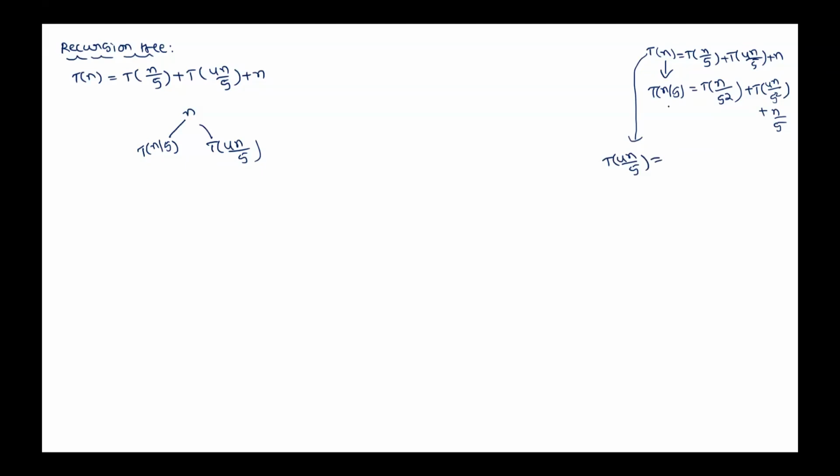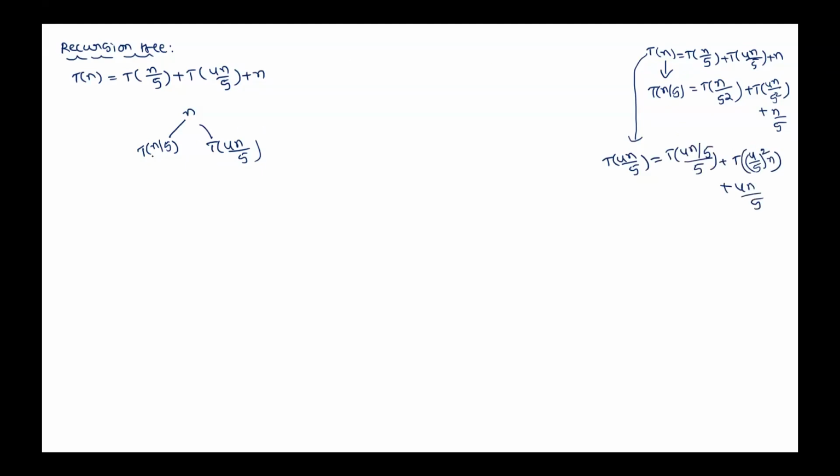Wherever n is there in this equation, n by 5 or 4n by 5. It becomes T of 4n by 5 whole square plus T of 4n by 5, 1 whole square into n plus 4n by 5. Is that correct?